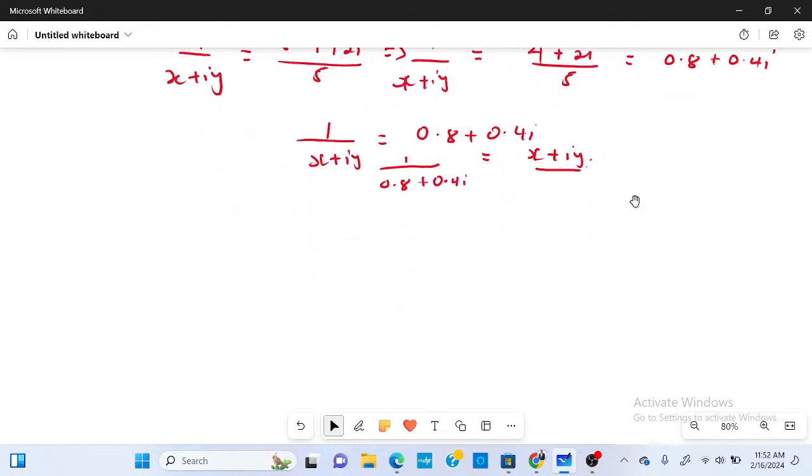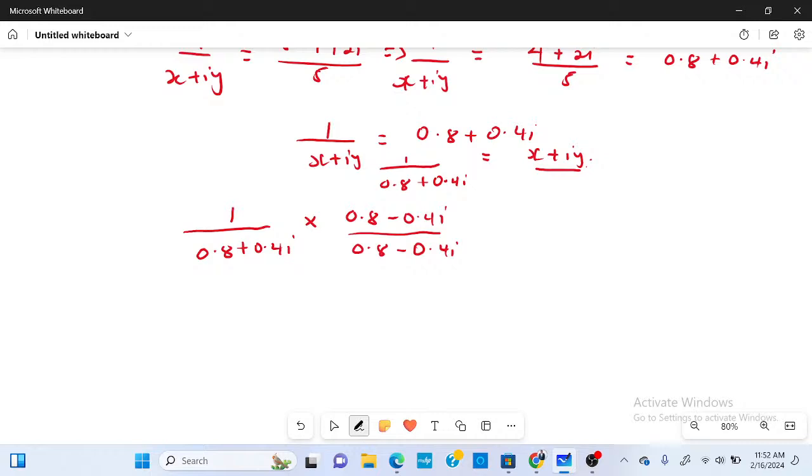So how do I simplify 1 over the expression 0.8 plus 0.4i? I simply do that by finding the conjugate, minus 0.4i, all over 0.8 minus 0.4i.